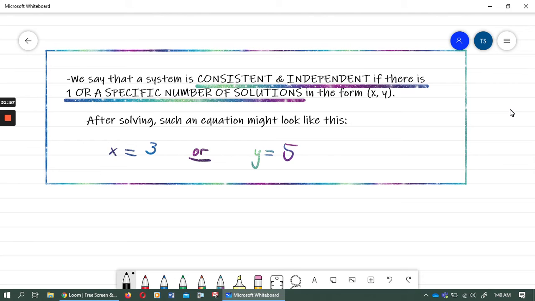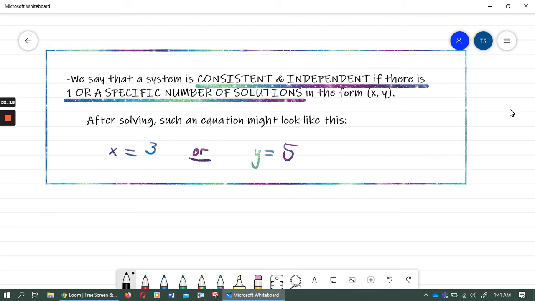What we mean when we say finite is, in other words, you can count a specific number. You can actually count how many solutions there are. So it is consistent and independent if there is one or a specific finite number of solutions.